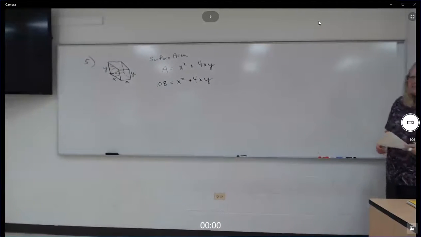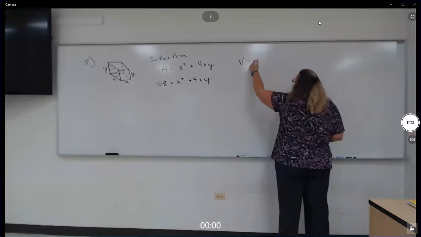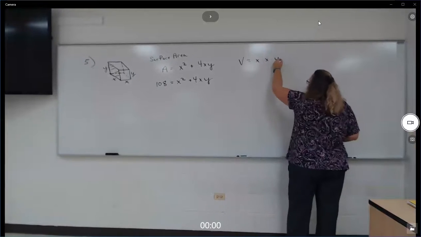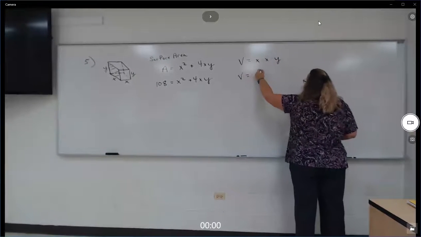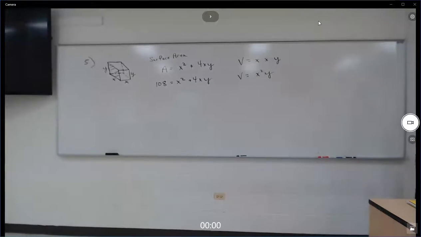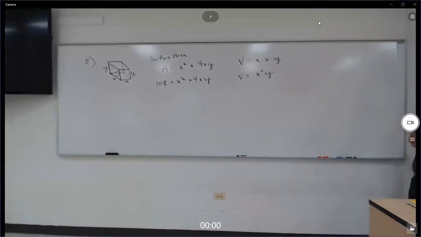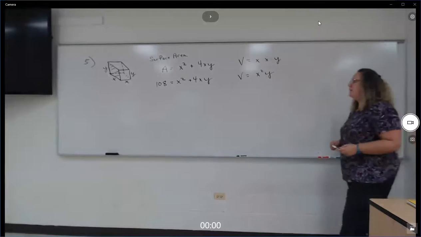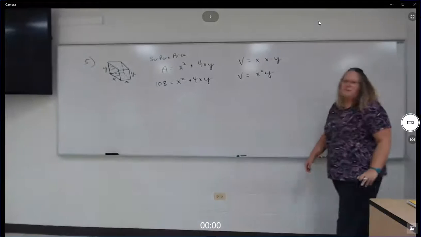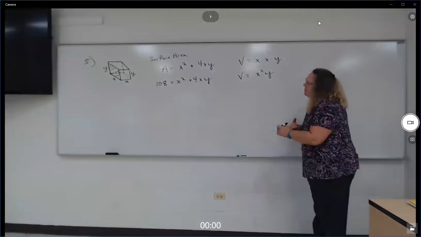Okay, and then we want to maximize the volume. So volume is simply length times width times height, which we can write as x squared times y. It'd be nice if you could solve for x squared, but we'd have x in it, and so that would mess things up. So I think solving for y would probably be the best bet.